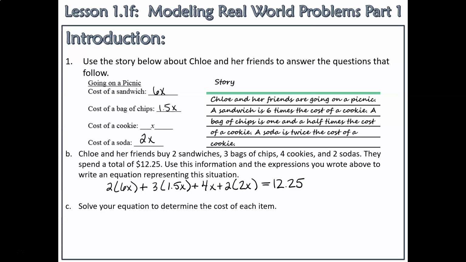Part C now says we're going to solve that equation to find the cost of each item. So if we know the cost of a cookie, which is X, we can plug in that value and find the rest of them. So let's rewrite this and simplify it so we can solve.